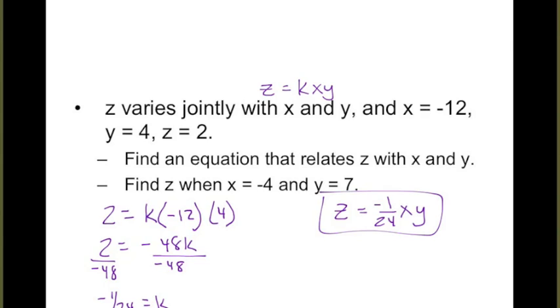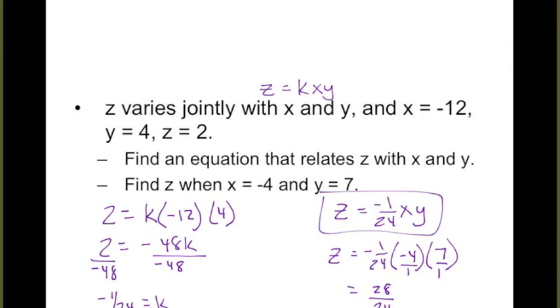And then it gives us a new set of numbers to plug in. Find z when x is negative 4 and y is 7. So we can put any constants we want over 1, and then when we multiply fractions, we multiply together all the tops. So that would be 28 over all the bottoms, 24.